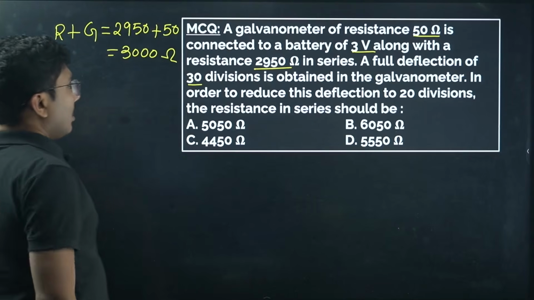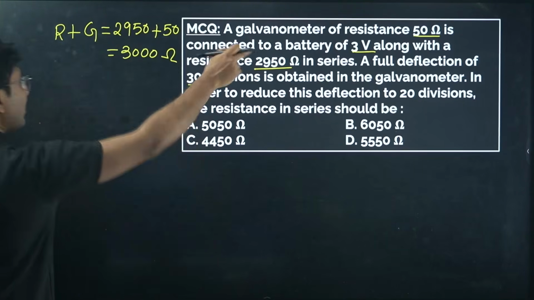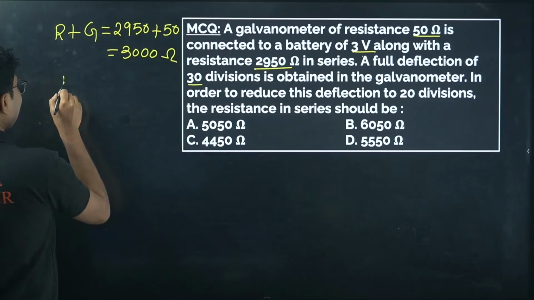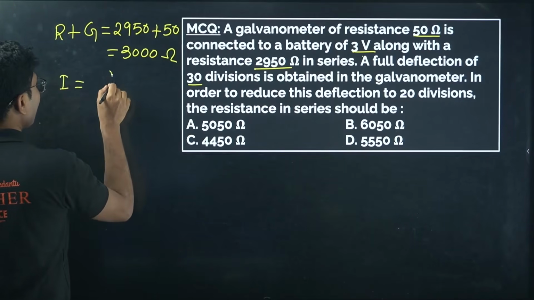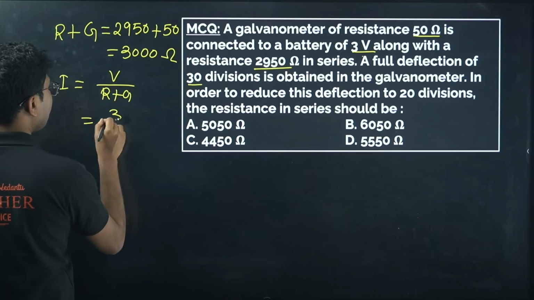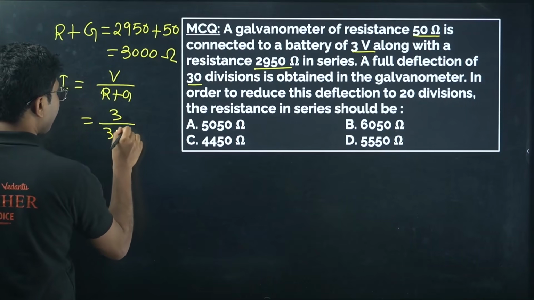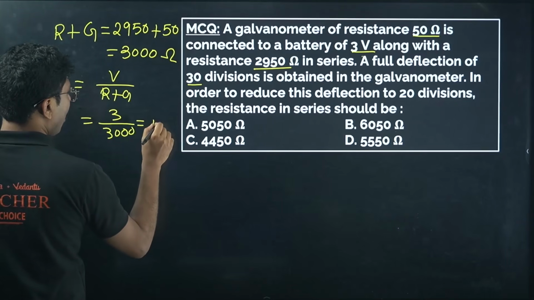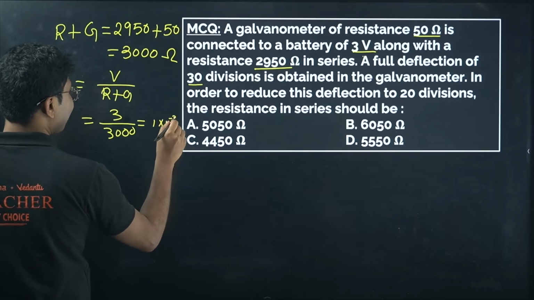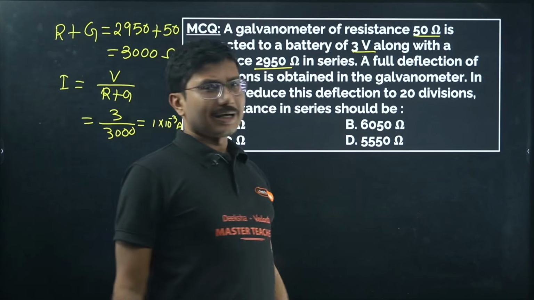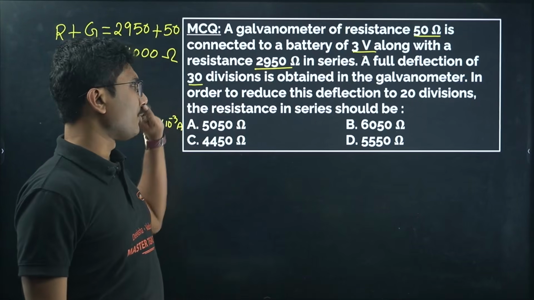Okay. Now when you are connecting this to a 3 volt battery, what is the current? Current is given by obviously the voltage divided by the total resistance, that is 3 volt divided by 3000, that is 1 milliampere or 1 into 10 to the power of minus 3 ampere. Okay, so this much current is being allowed through the galvanometer.